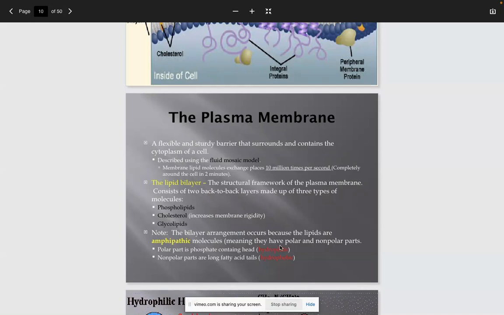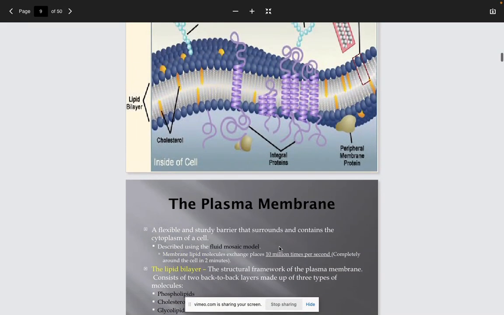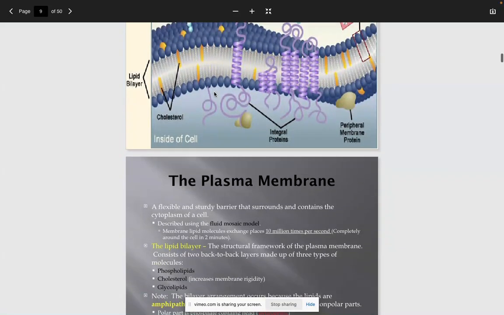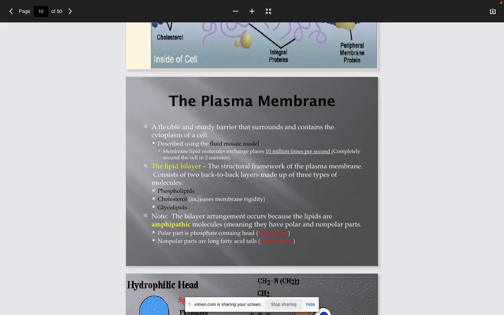I like to think of this as not afraid of the water, but the tails are trying to get away from the water. They're pointed away. The head doesn't mind being out near the fluid, but the tails are afraid, so they're pointing away. Then the nonpolar parts are long fatty acid tails. That's the hydrophobic portion.